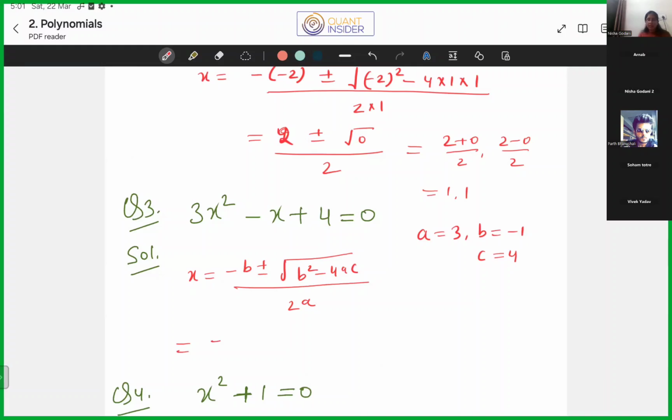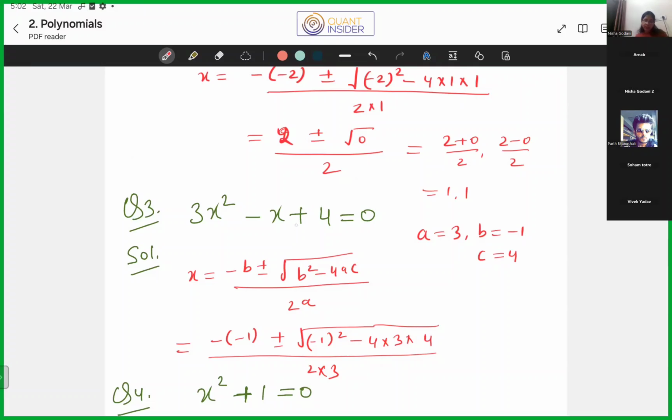So minus b means minus of minus 1, under root minus 1 whole square minus 4 into 3 into 4, upon 2 into 3. D is less than 0. 4 3s are 12.